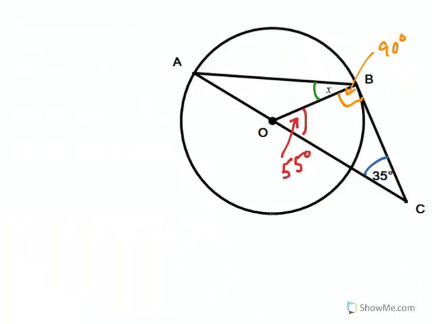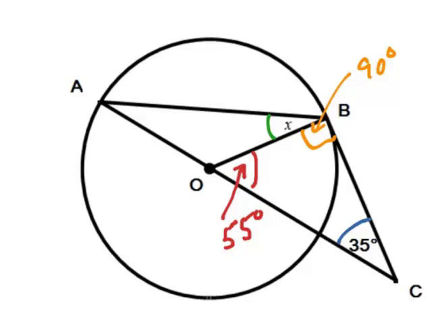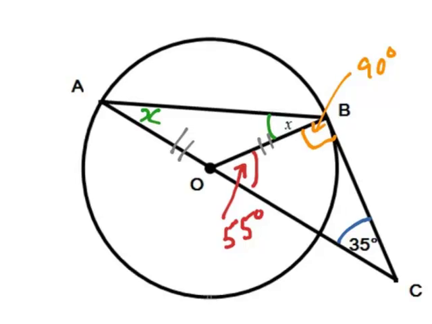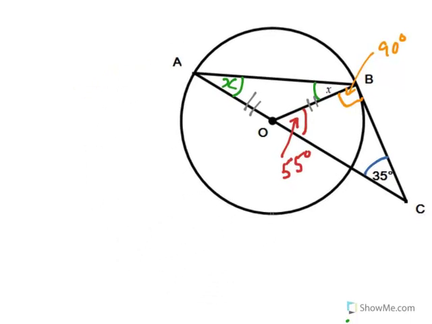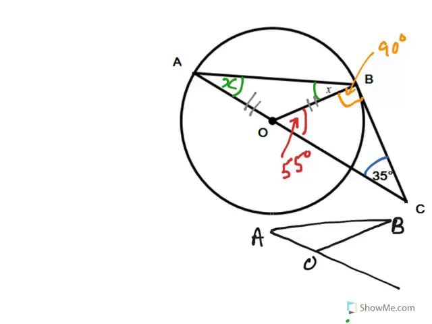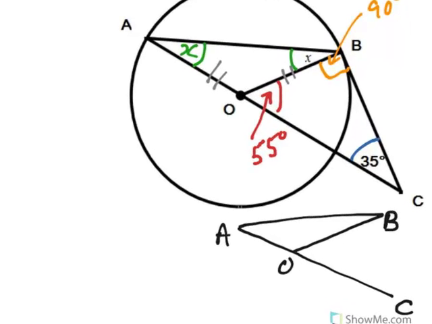So what's the next method? Well, I've already drawn the diagram and I've put in the angles we've already found. Okay? So, if OA is equal to OB, then we know that this angle here must be x. Now, if we look at the triangle AOB, and we've extended the line AO to the point C, we have created an exterior angle, which is 55 degrees.